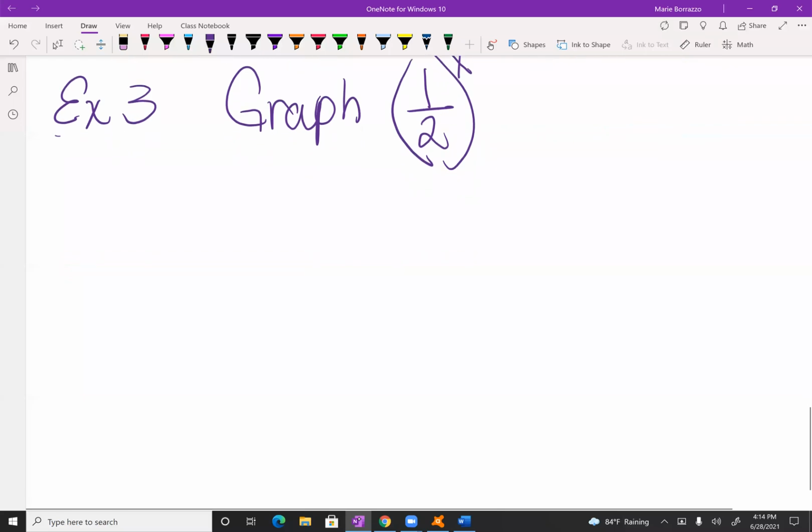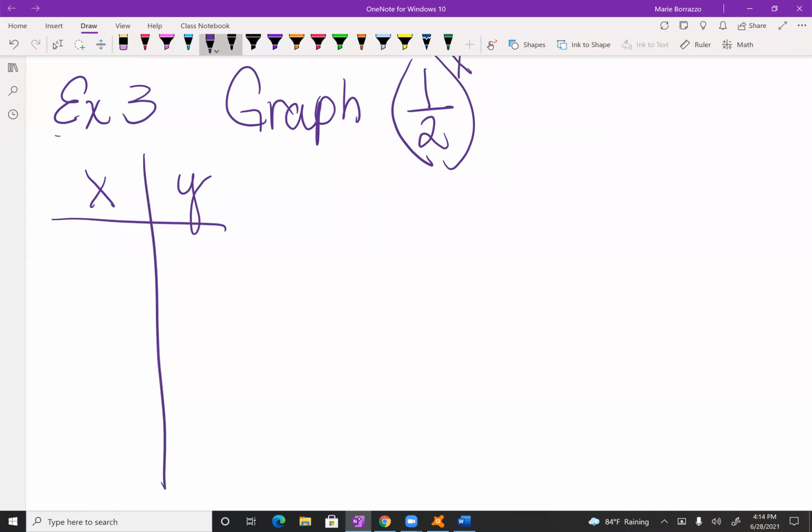Same thing applies. Here's x, here's y. I'm going to start with 0 in the middle. I'm still going to do 1, 2, 3, -1, -2, -3.